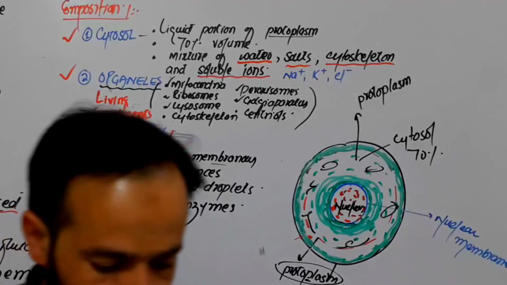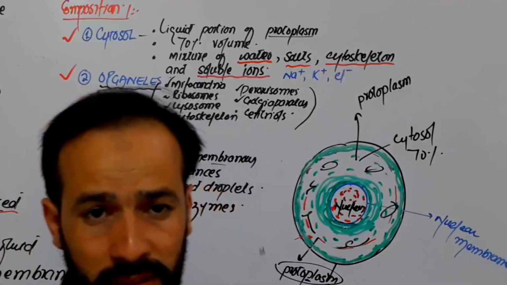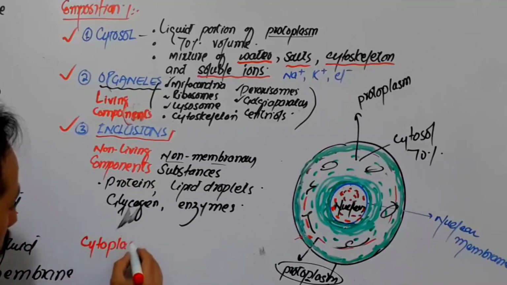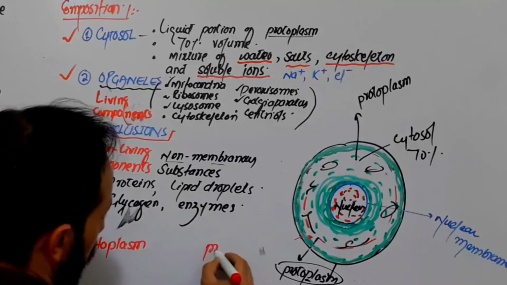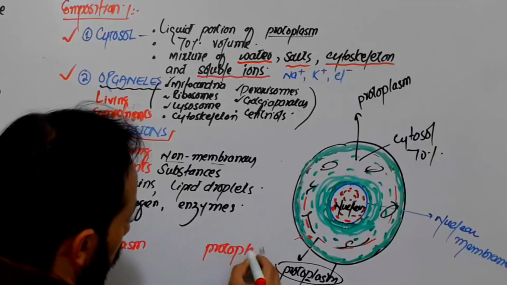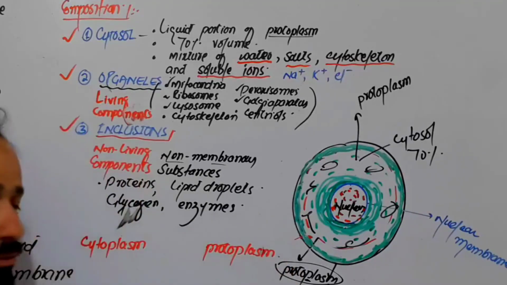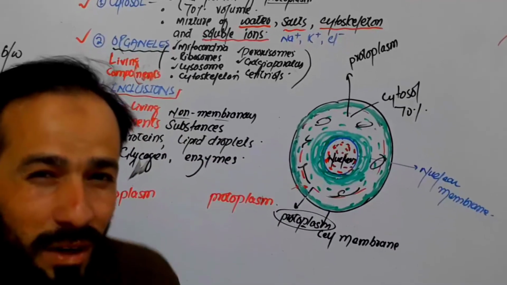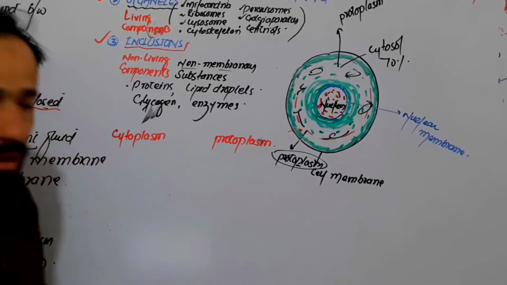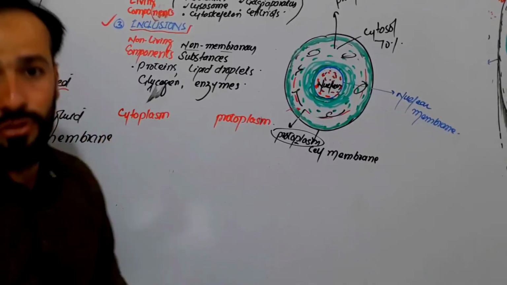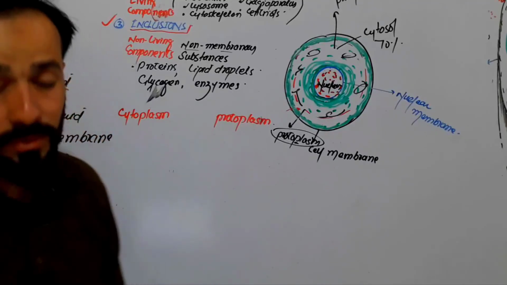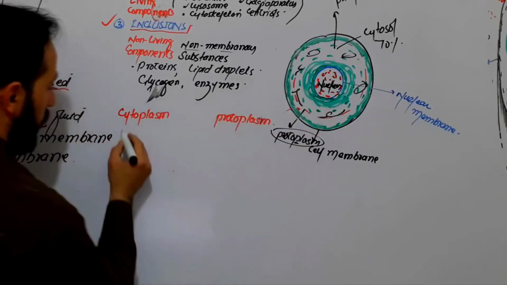Now, what is the difference between the protoplasm and the cytoplasm? Let me write here the cytoplasm, and let me write here the protoplasm. It's very easy. The cytoplasm is the jelly-like watery substance which is present in the cell, between the cell membrane and the nuclear membrane.